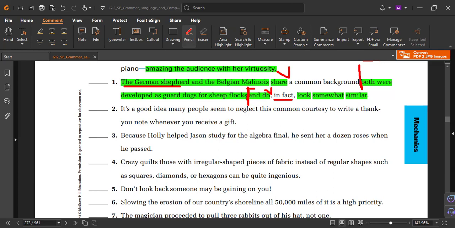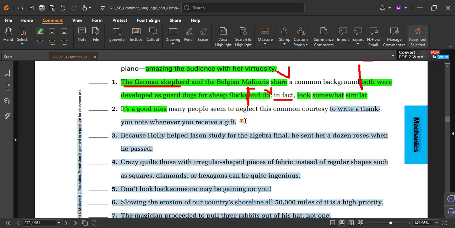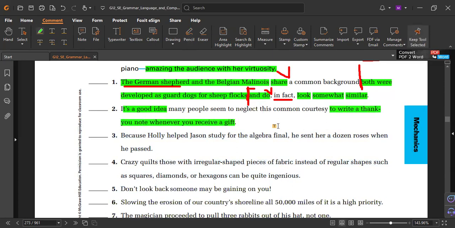Let me have a look. It's a good idea to write. Yes, that means we need a dash here and a dash there to use non-essential information to emphasize an idea. Emphasize the idea. Yes. Okay.